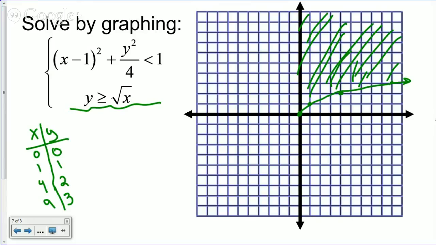Let's talk about this one. Okay, so I've got a 1 over here, so that tells me it's circle, ellipse, or hyperbola. I got squares plus, but I got numbers outside of my squares. So this is going to be an ellipse.